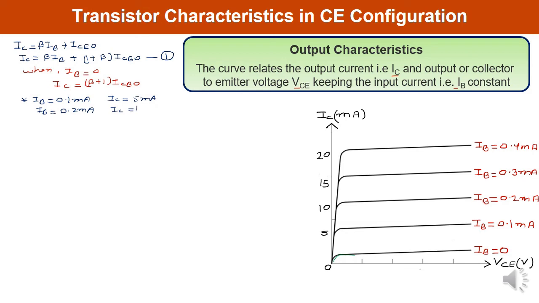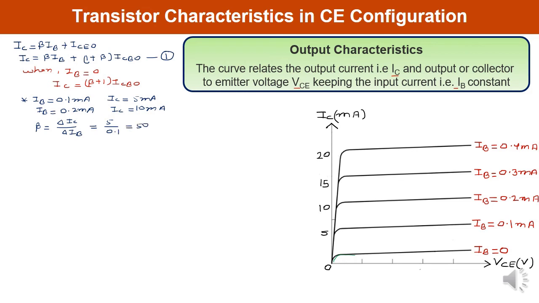IC is 10 milliampere. For example, you can calculate the value of beta, which is the gain. Gain is delta IC upon delta IB. So from these values, delta IC is 10 minus 5, which is 5. Delta IB is 0.2 minus 0.1, which is 0.1. So beta is nothing but 50.